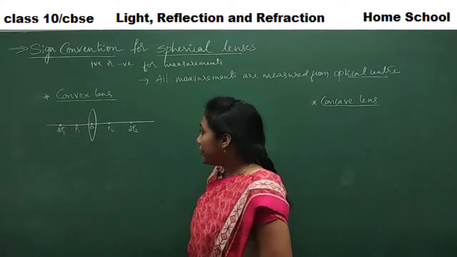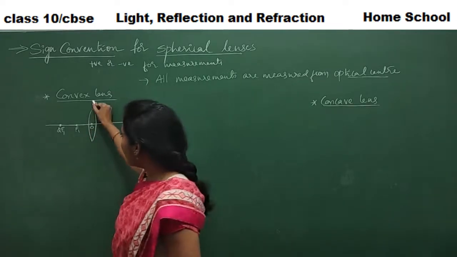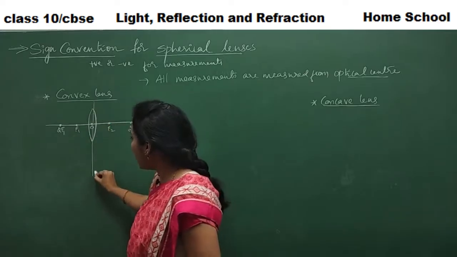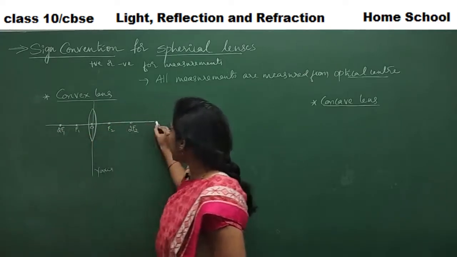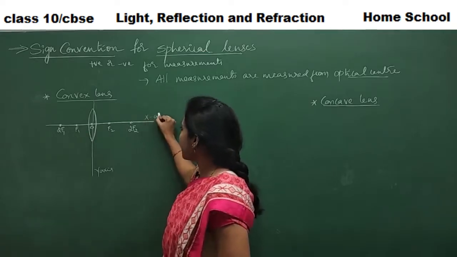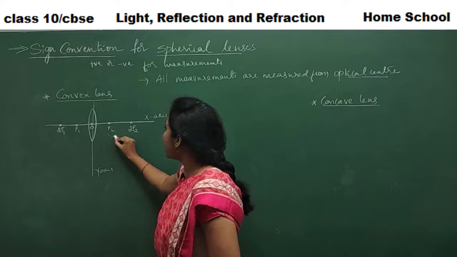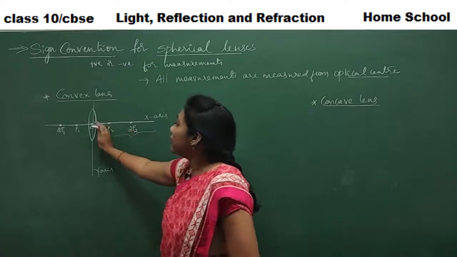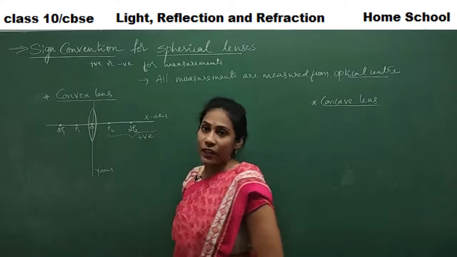If I apply a Cartesian plane here, imagine this is your y-axis and the principal axis is your x-axis. All the values on this side are positive values.